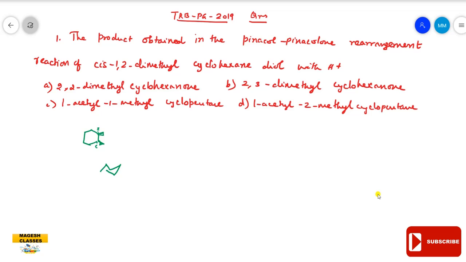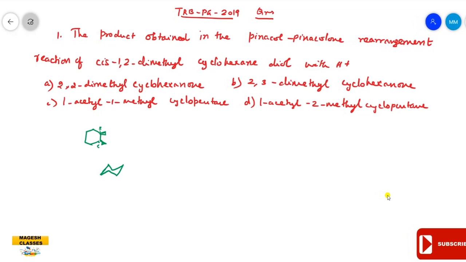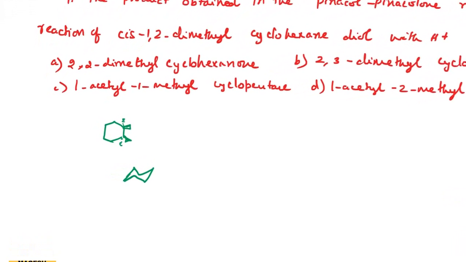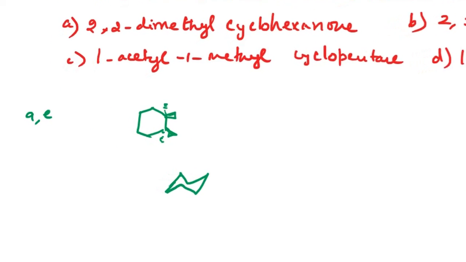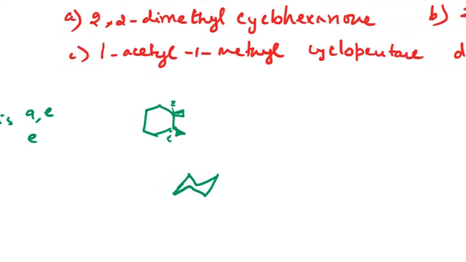It is similar to the ring structure. So in the 1,2 disubstitution, axial-equatorial is the cis, and equatorial-equatorial is the trans. So here the OH groups are in the axial position and in the equatorial position. Here the two methyl groups are present.